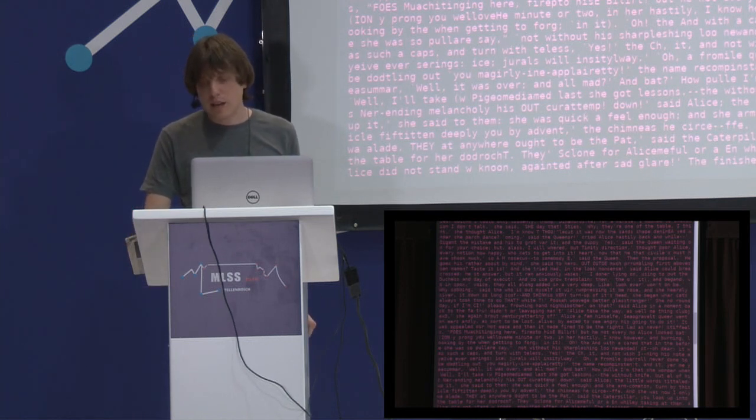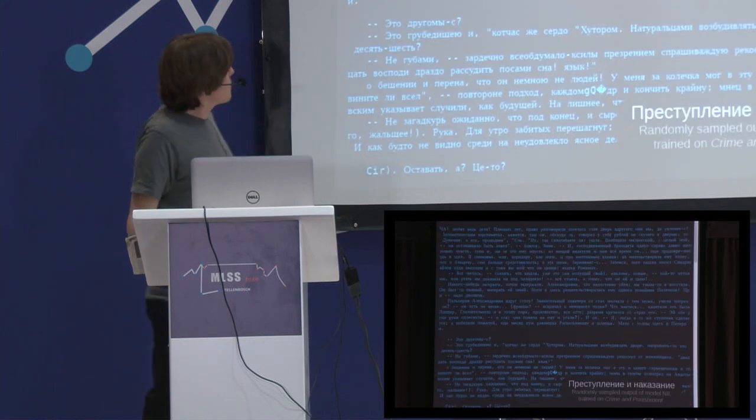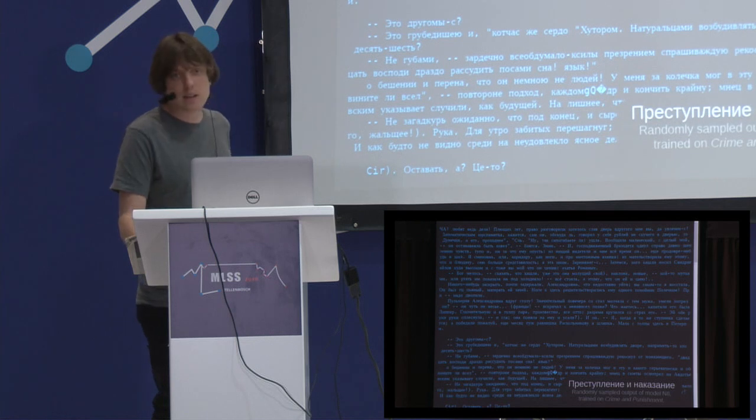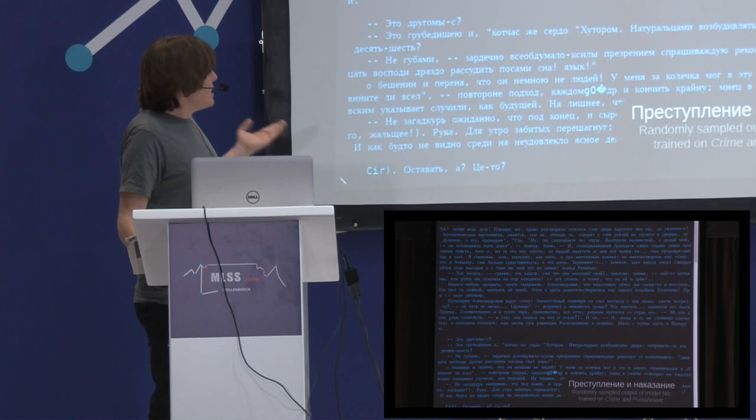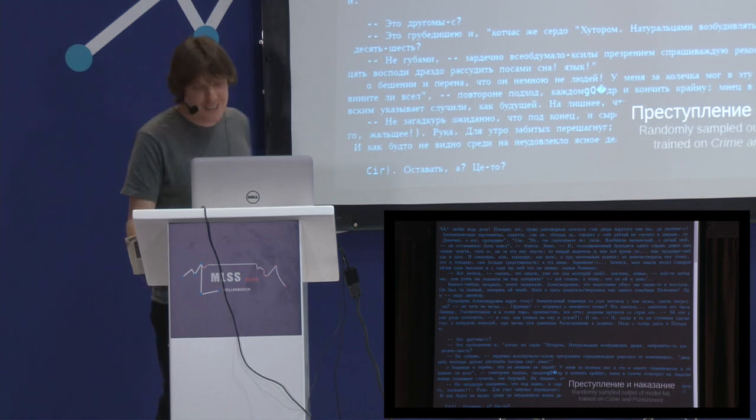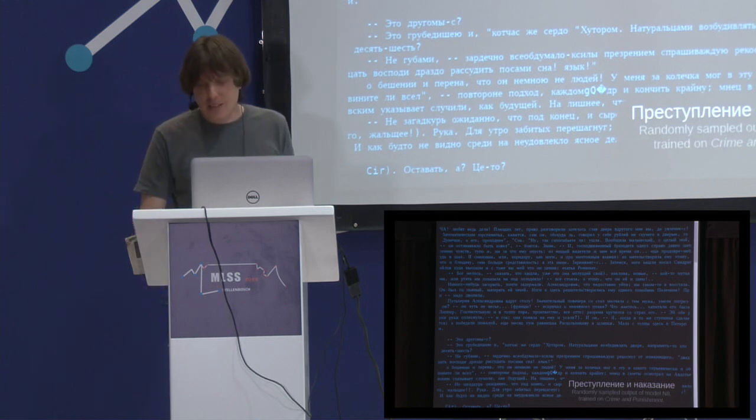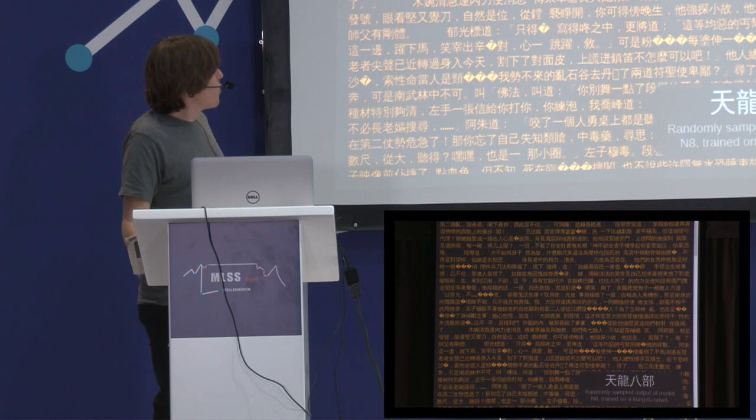The same works in other languages. So here's an extract of what Crime and Punishment would have been if Dostoevsky had kept writing it. So, you know, looks pretty legit to me. Like, I don't speak any Russian, but, you know, it kind of looks Russian. The same works for other Unicode texts.